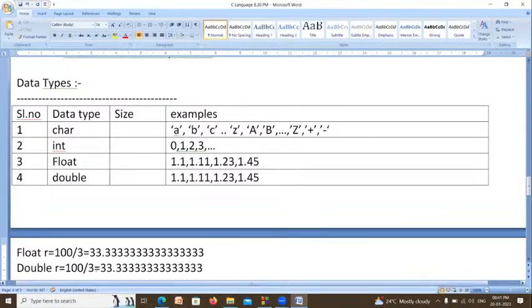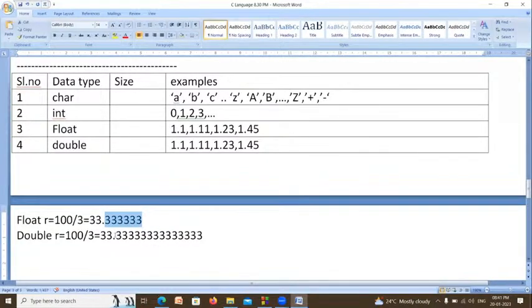The difference between float and double is that the digits after the point are called precisions. Float maintains 6 precisions, so 33.333333. It maintains only 6 precisions, whereas double maintains 10 precisions.